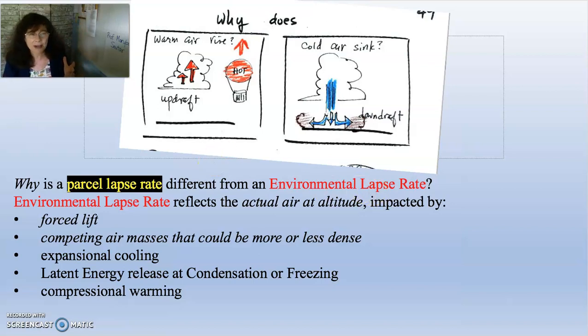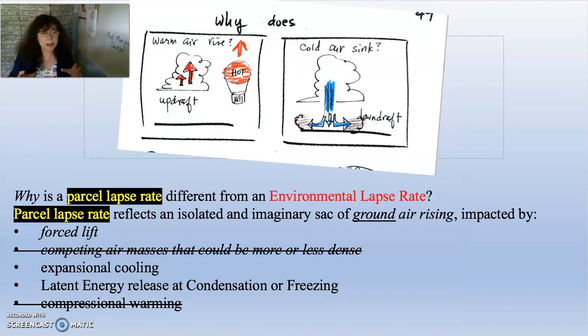On the other hand, the parcel lapse rate is an imaginary lapse rate of an imaginary sac of air that was collected at the ground, and we calculate the temperature of that imaginary sac from the ground up, so that we are doing our calculation based on the expansional cooling alone of the sac.